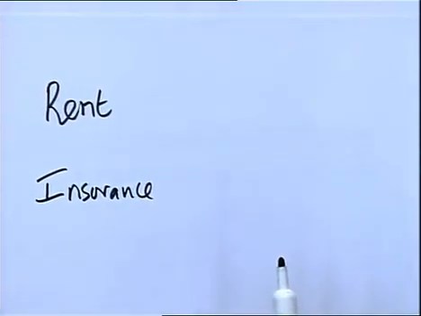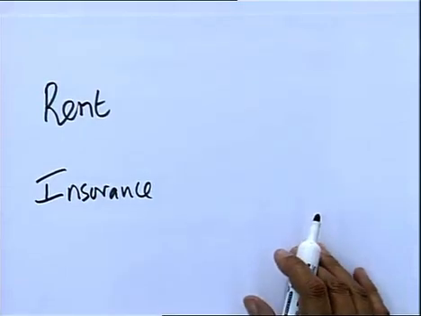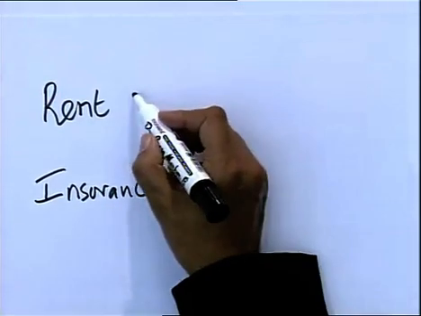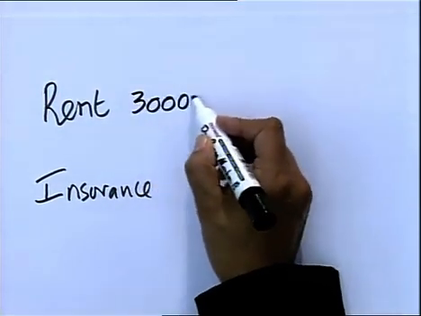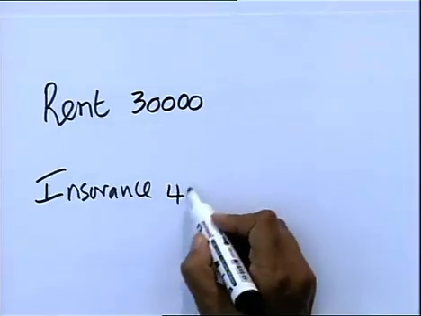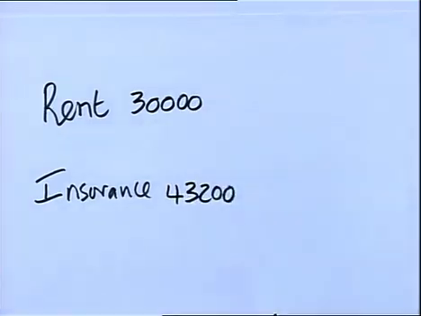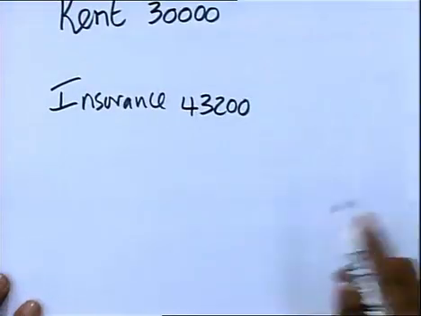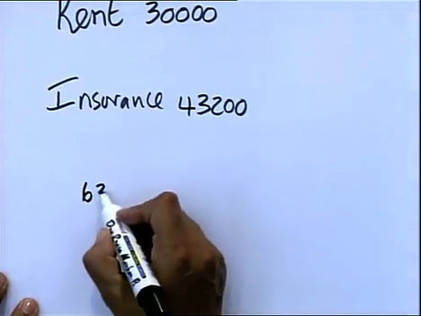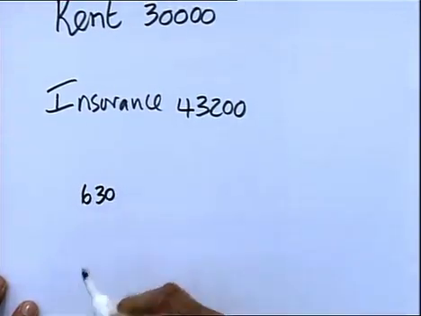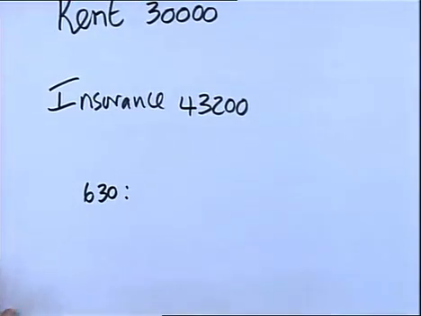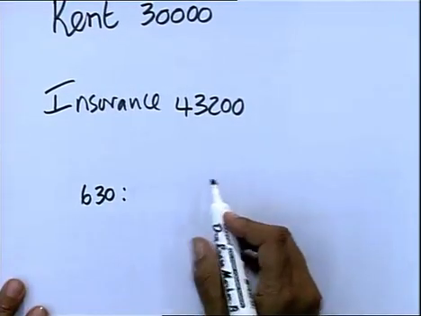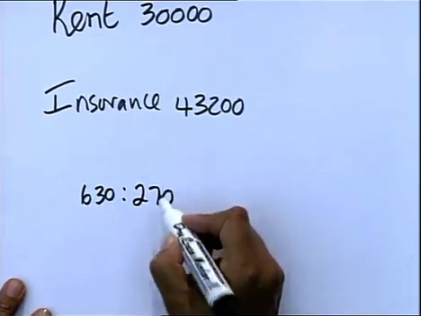So they say that the entire premises monthly rental is 30,000 and 43,200 for insurance. And we're going to use a ratio. So the factory is 630 square meters and the office is 270 square meters.